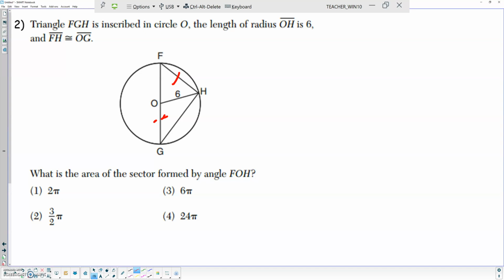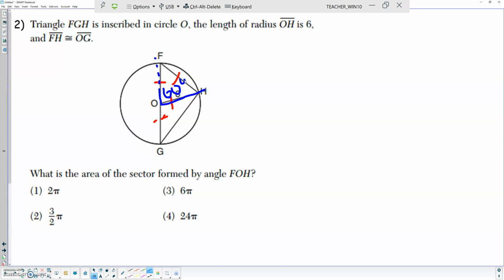We know that in a circle, all radii are congruent. So OG, OH, FO, all of those radii have to be the same length. So if all three segments in triangle FOH are congruent, we know that it's an equilateral triangle. So we know that this central angle right here has to measure 60 degrees.